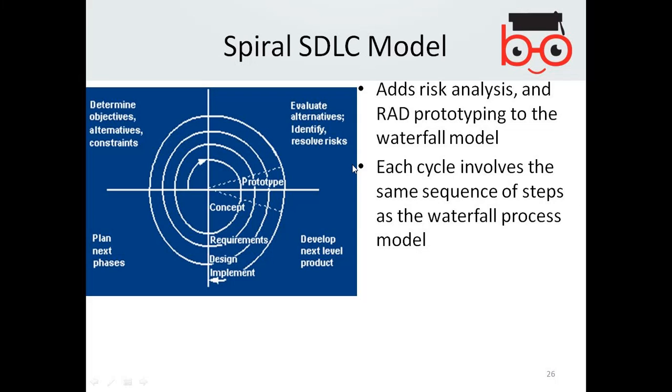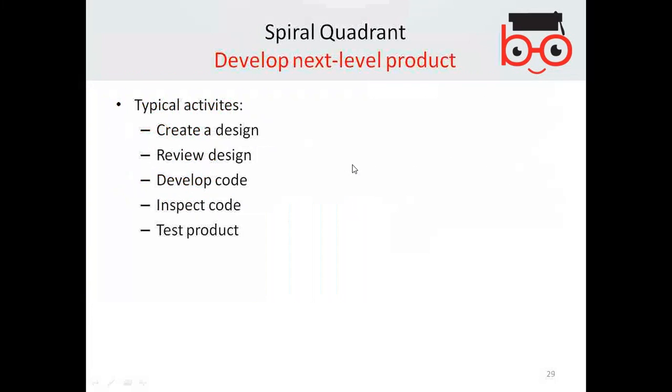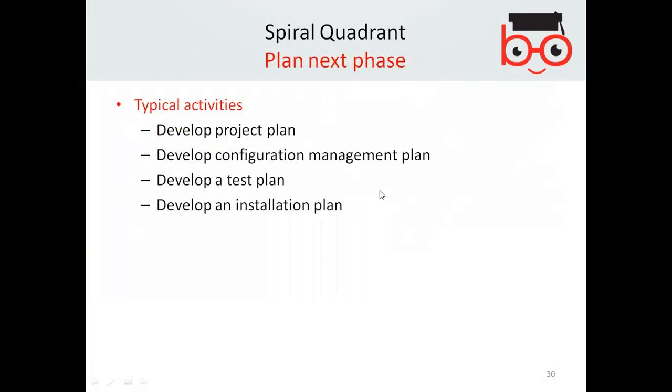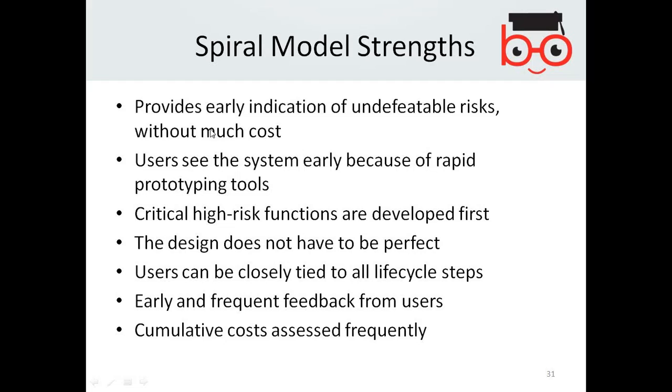You need to go through this cycle, and let us see the strengths. It provides early indication of unavoidable risk without much cost. So if you do the spiral, then you can identify those kinds of risks which cannot be reduced. And you need to be very serious about it.